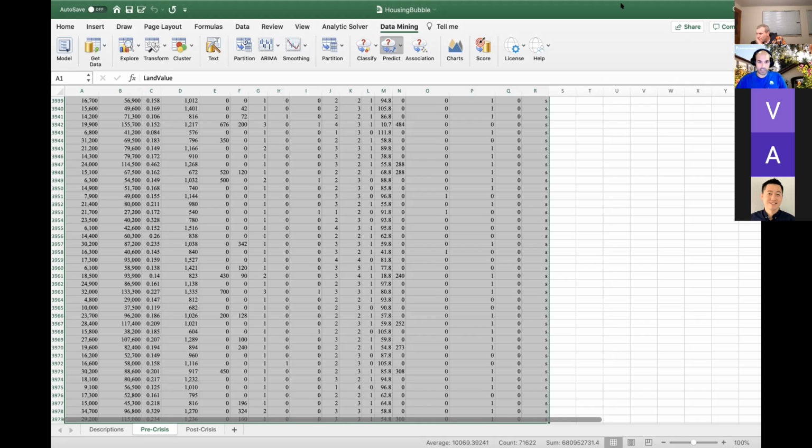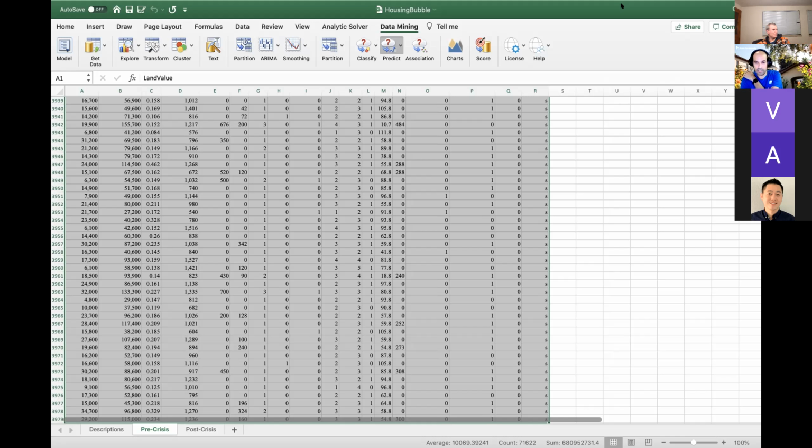Okay, as an intern with the local Home Builders Association, you have been asked to analyze the state of the local housing market, which has suffered during a recent economic crisis. You're provided with 2 data sets in the file Housing Bubble. The pre-crisis worksheet contains 1,978 single-family homes sold during the 1-year period before the burst of the housing bubble.